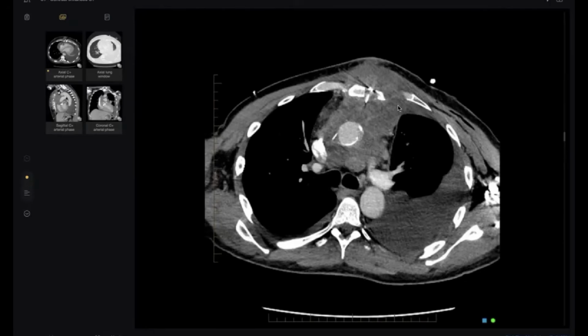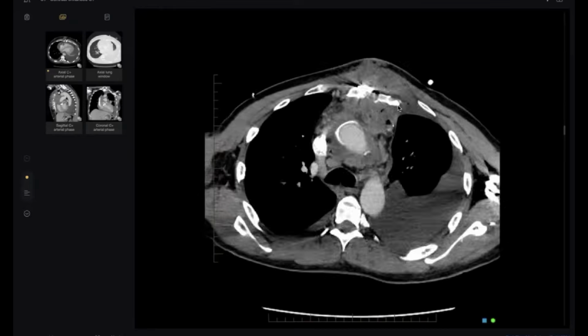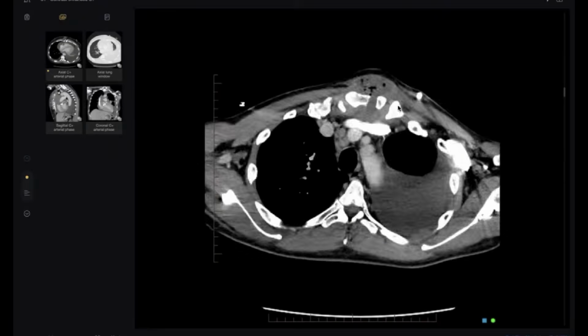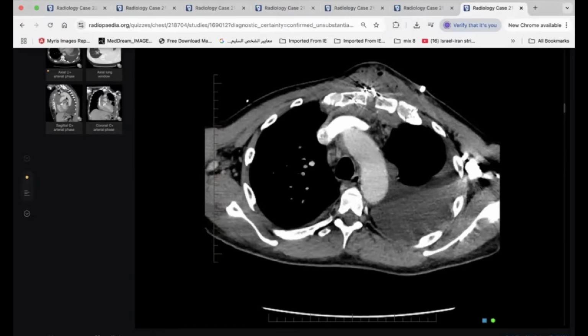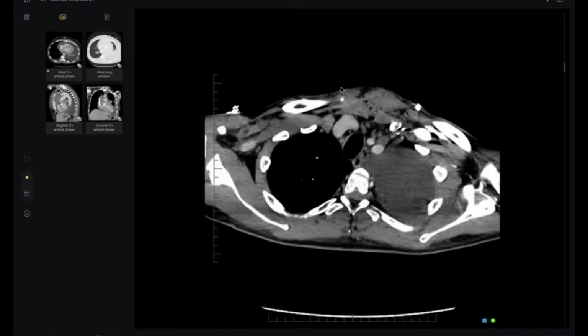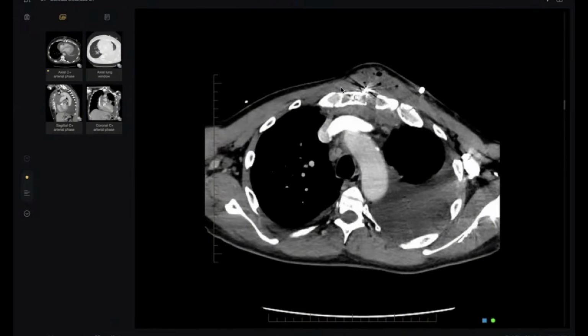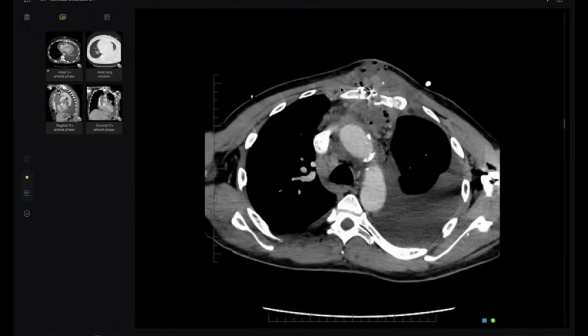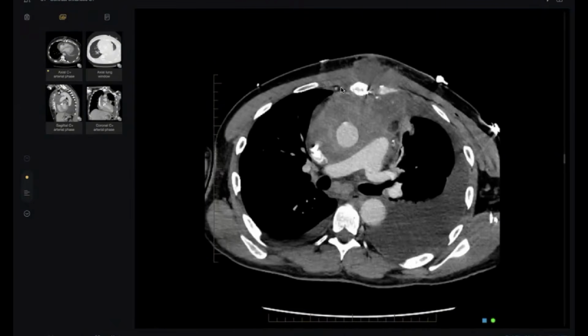Okay. What is your next step? I would like to urgently inform the physician for surgical intervention. Okay. What do you think? This mediastinitis is a very, very urgent pathology, or mildly urgent, or moderately urgent?